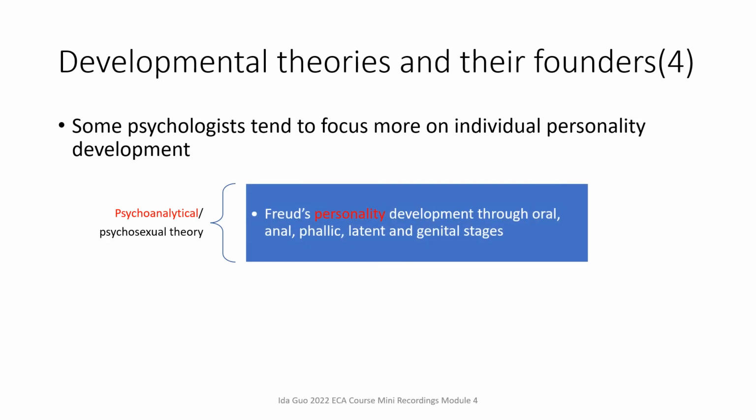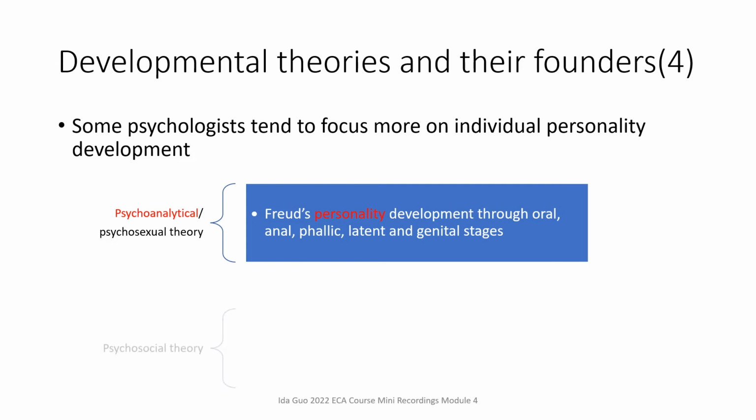Sigmund Freud. Okay. His personality development actually included oral, anal, phallic, latent, and genital stages, five stages. Okay. But his theory is not really required in this course.